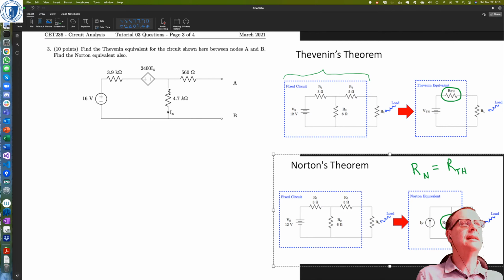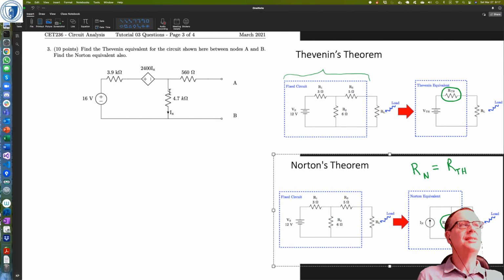And the neat thing about that is that the Norton resistance is equal to the Thevenin resistance. So RN equals RTH.